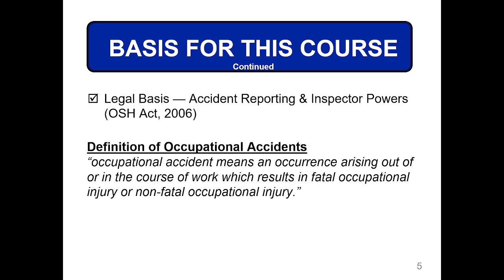So on this occasion, I'll realign this to the Ugandan perspective. The legal basis for accident reporting and inspector powers is the OSH Act of 2006.